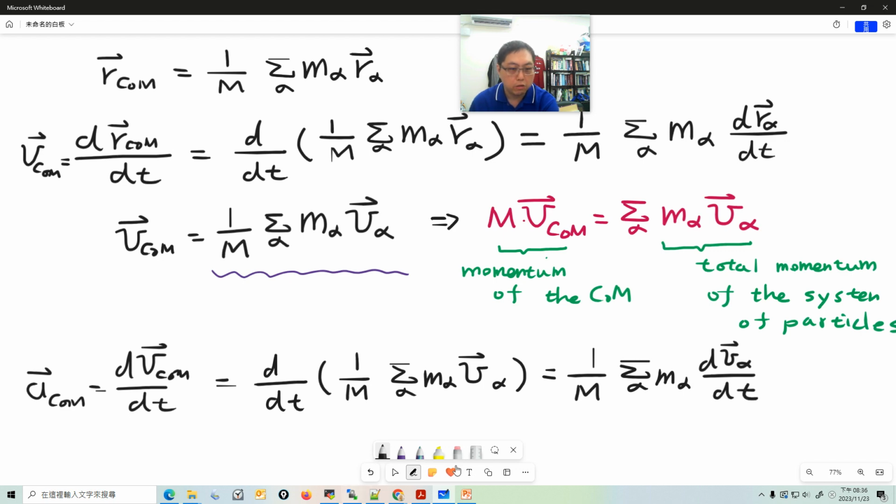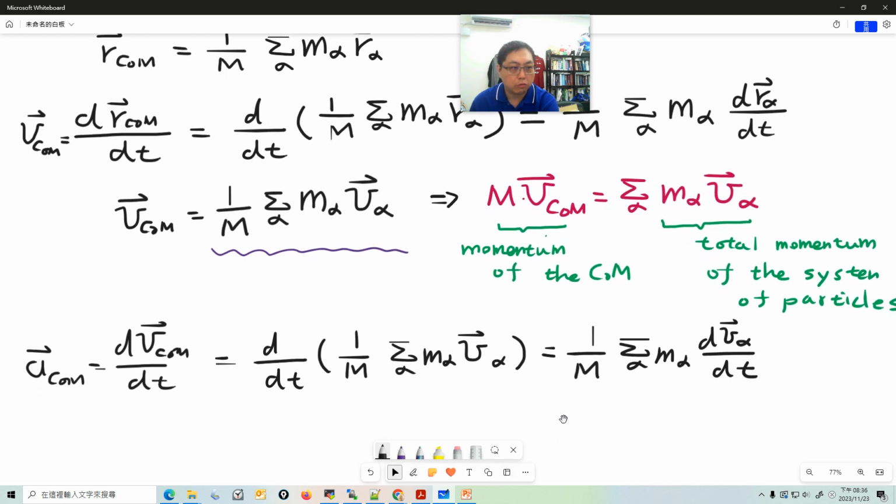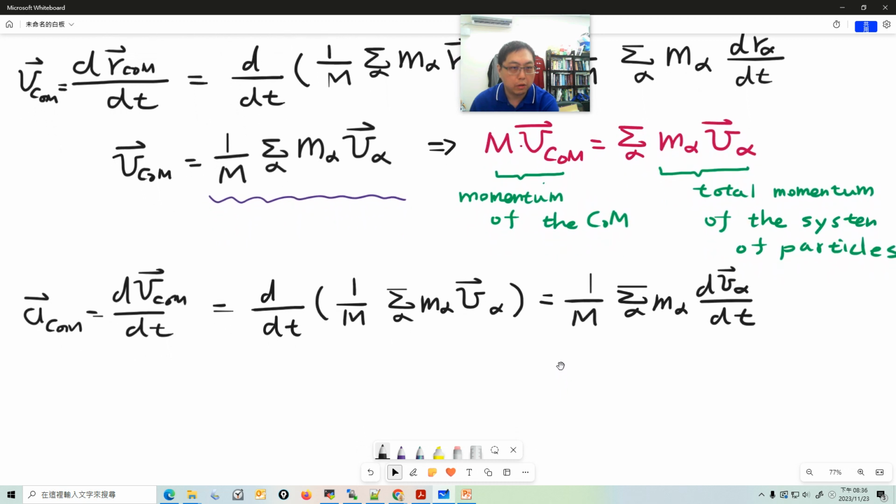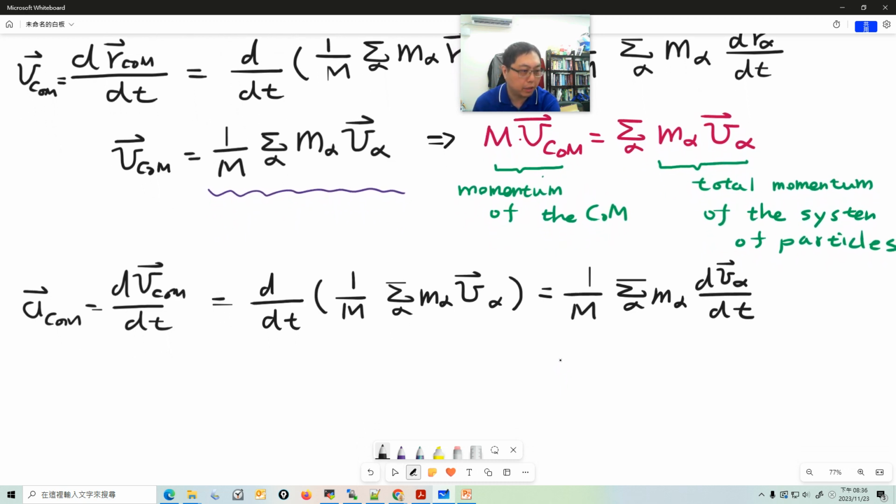Okay, so we do the same, and then I think I move here. So we will obtain the result: the acceleration of the center of mass equals 1 over capital M times the summation over alpha of m_alpha times the derivative with respect to time of the velocity vector of each particle, which is the acceleration vector of each particle.